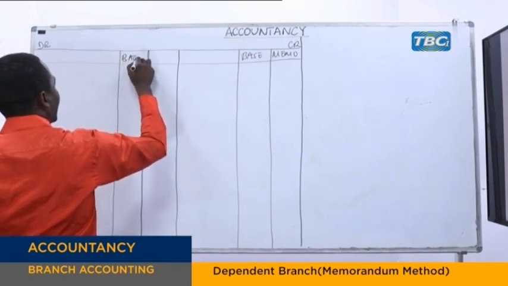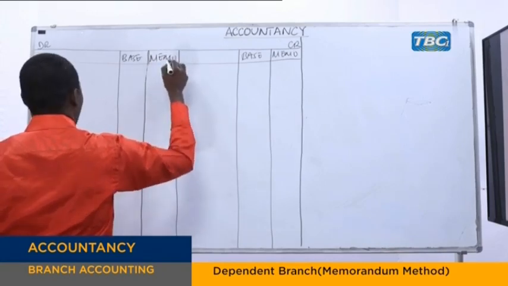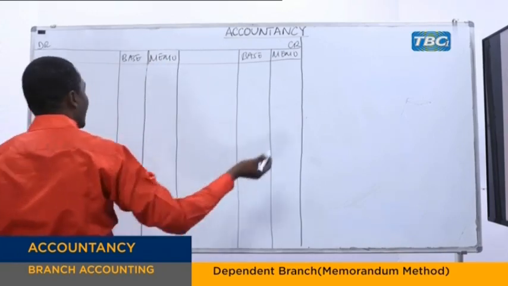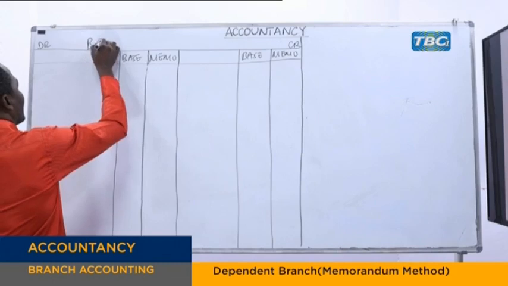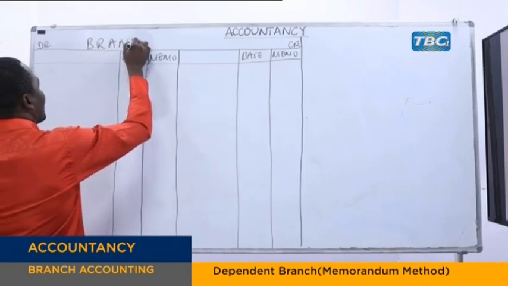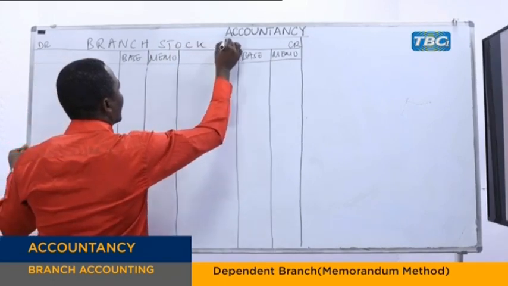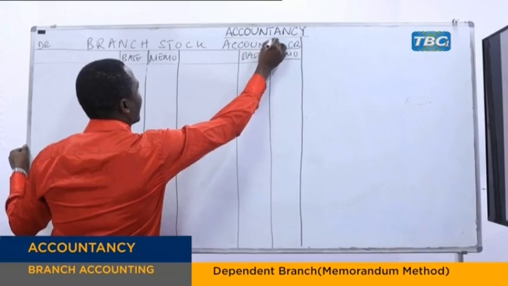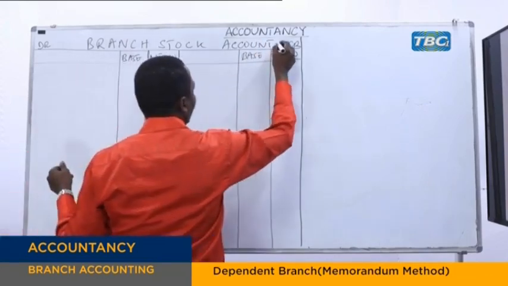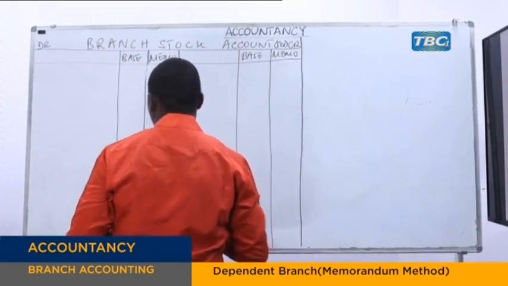This is the base column, and this is the memo column. So we give the title, that is branch stock account. So far the amount should be in TZS.